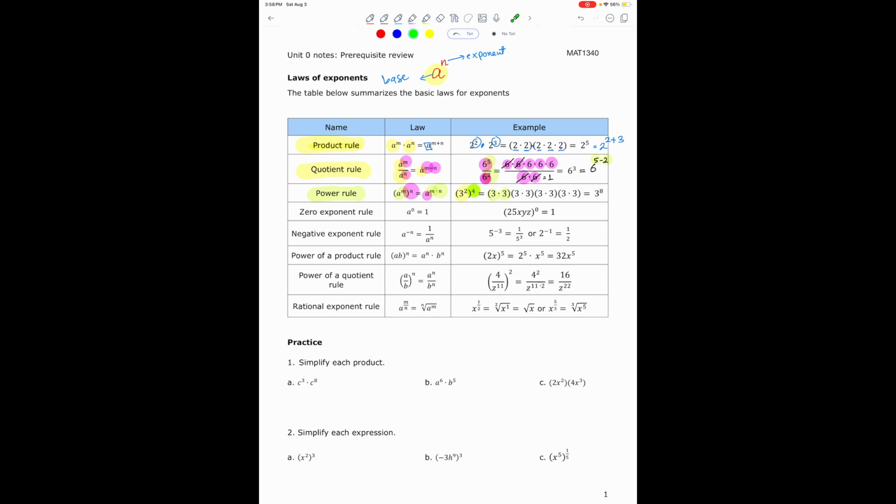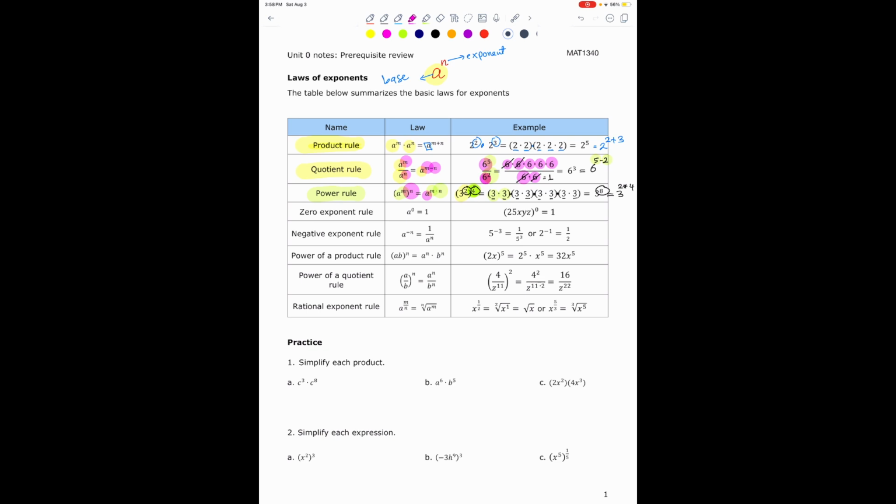Now, if you do the multiplication, because those are all multiplied here, basically if you drop the parentheses, you will end up with 3 times 3 times 3 times 3 times 3 times 3 times 3 times 3, 8 times, which will be 3 to the 8th power. If we apply the power rule immediately, this is going to become 3 to the 2 times 4, because the power of the exponent multiplies, which is going to give me 3 to the 8th power anyways.